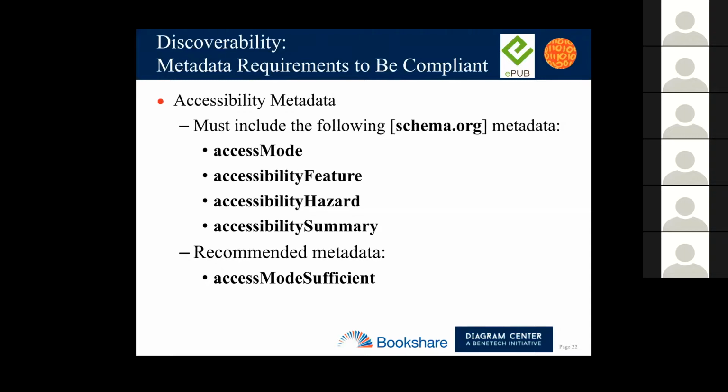Accessibility hazards. Maybe it's none. But if you have any video, you might want to make sure that you don't have any flashing that potentially could cause seizures. So you'd mark that in your accessibility hazards. And the accessibility summary. This is human readable text that basically tells the end user how accessible this book is in layman's terms.